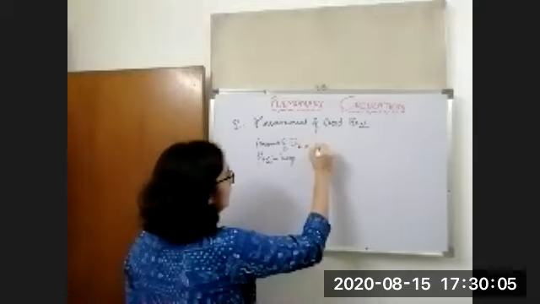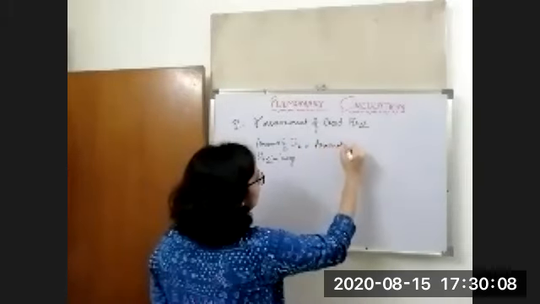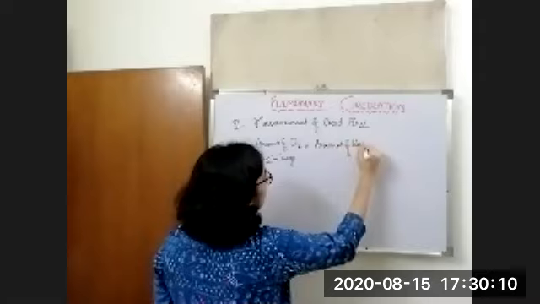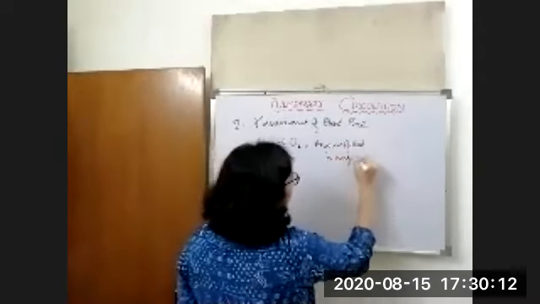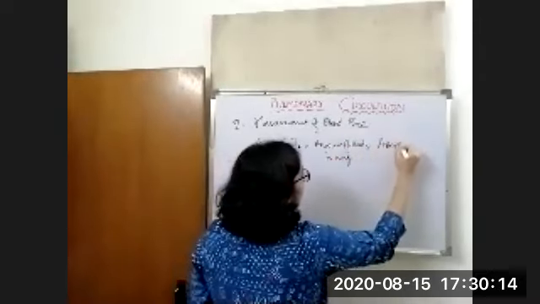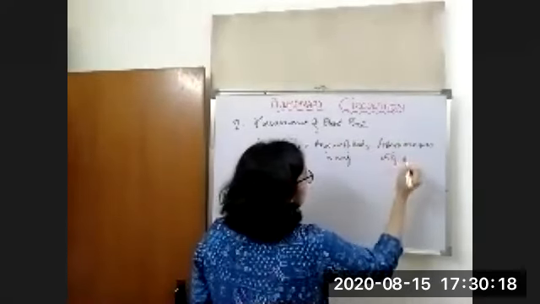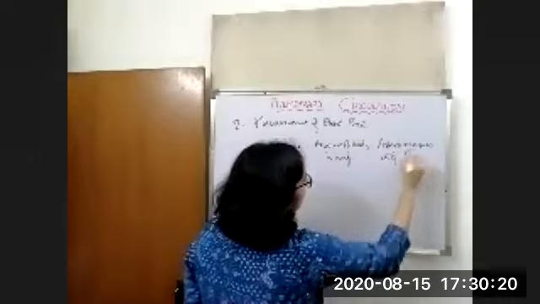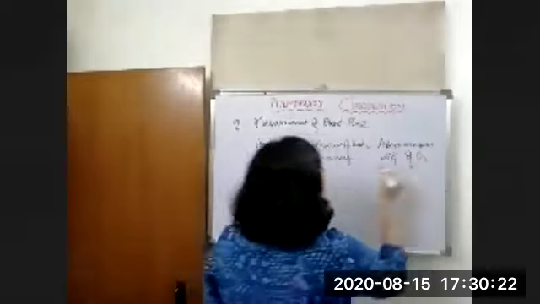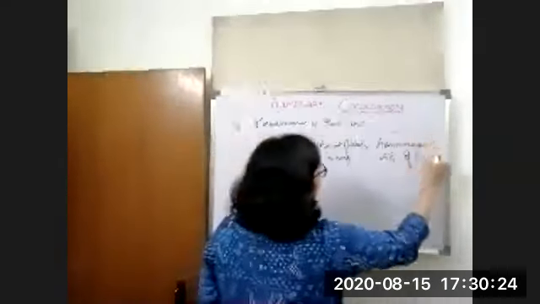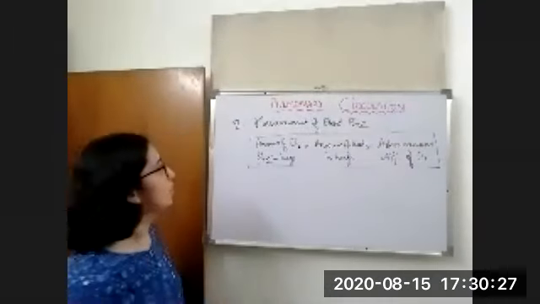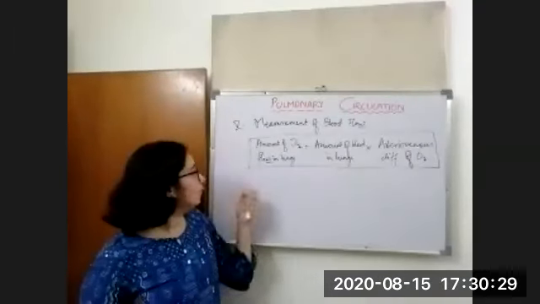It is calculated as the amount of blood in the lungs into the arteriovenous difference of oxygen. So this is the formula for calculating the amount of oxygen flow in the lungs.